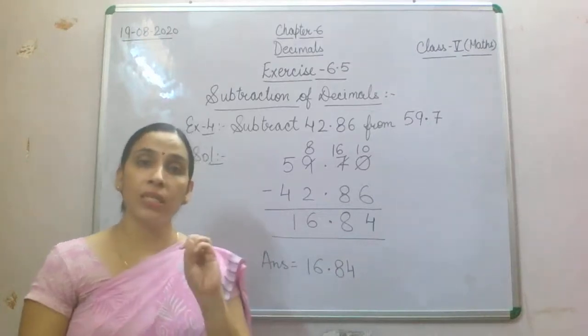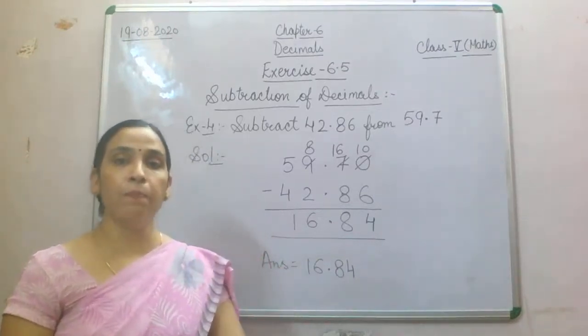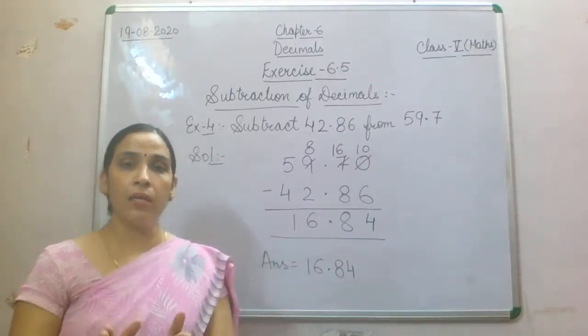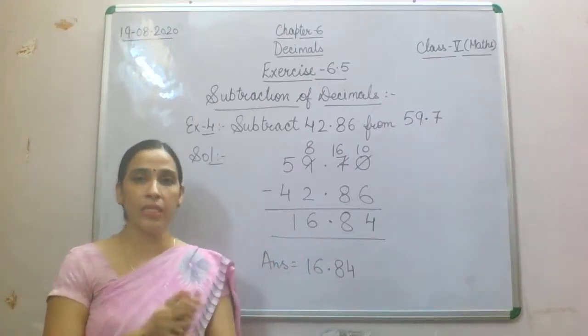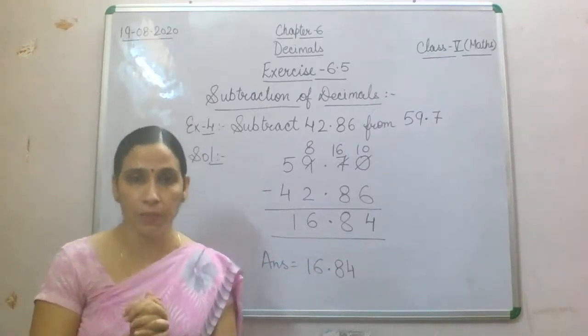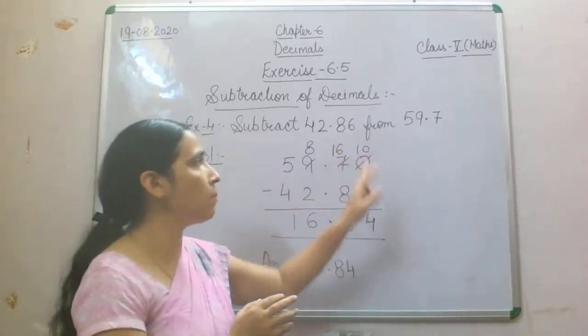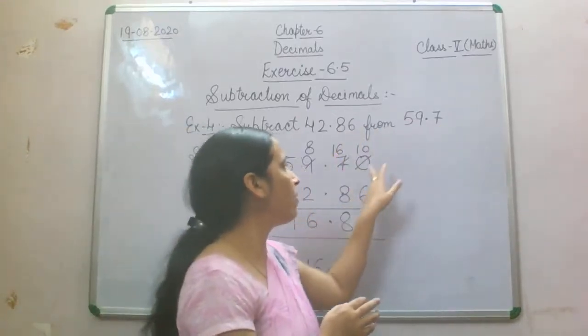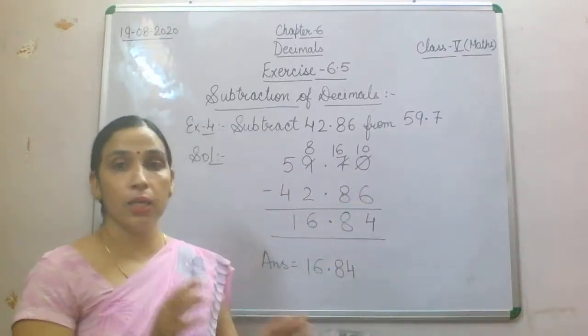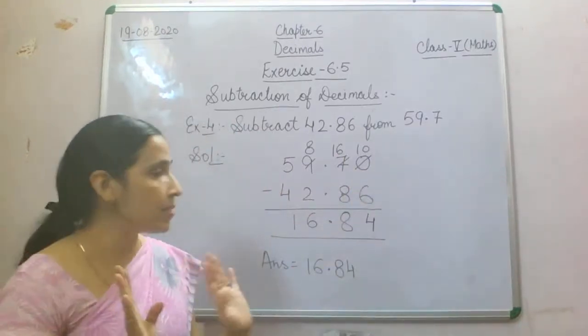Means if one has one decimal place and the other has two decimal places, then by putting 0, we will change them into like decimal numbers.